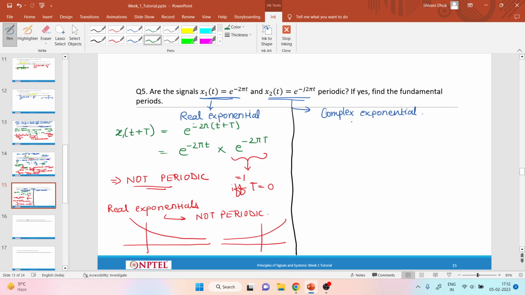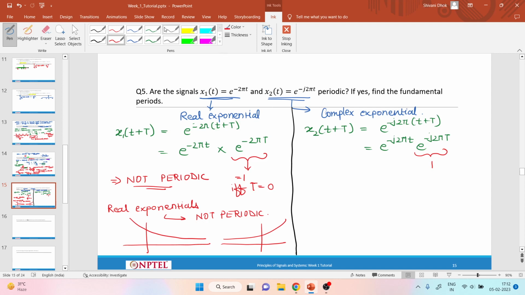Now let us look at the second part, that is complex exponentials. So let us look at x2 of t plus T, and that comes out to be e power minus j 2 pi (t plus T), which is equal to e power minus j 2 pi t into e power minus j 2 pi T. Now we want a value of T such that this will go to 1.